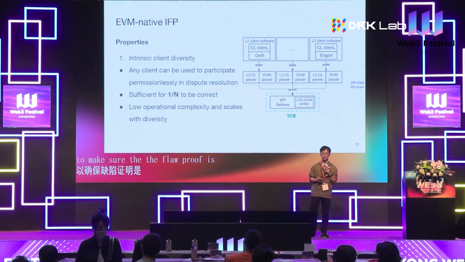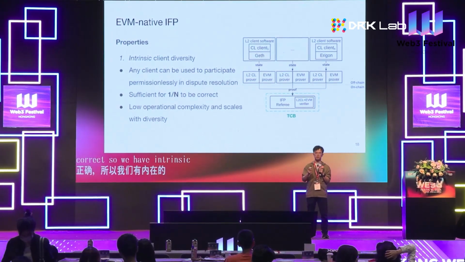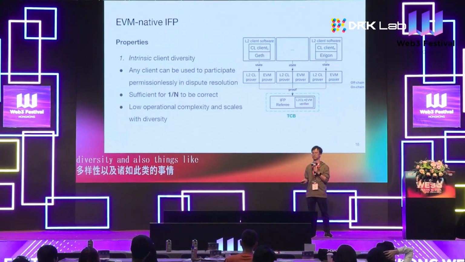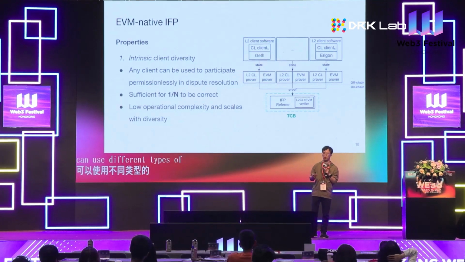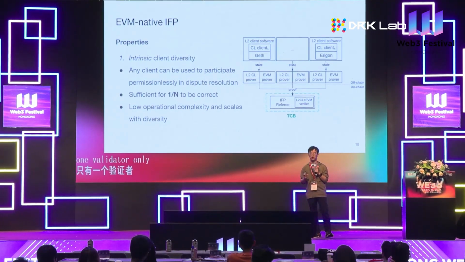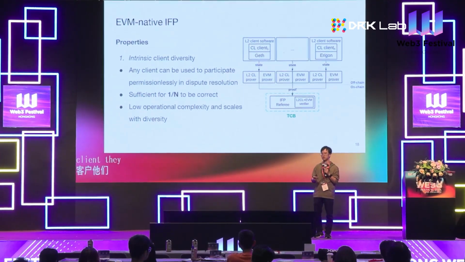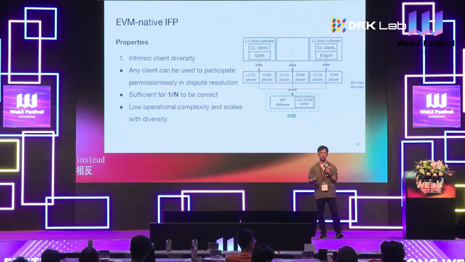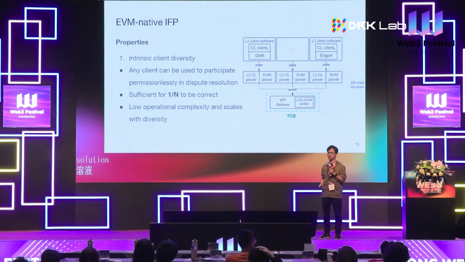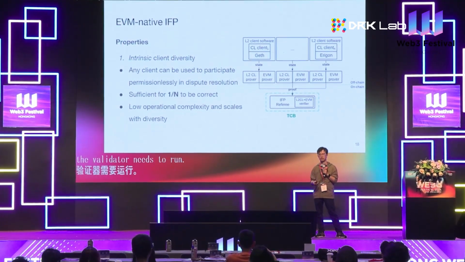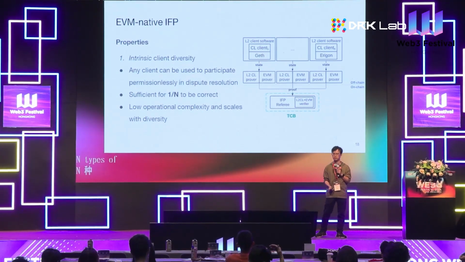So we have intrinsic client diversity. And since we can use different types of clients to dispute with each other, a validator only needs to run the client they trust to participate in the challenge game to secure the optimistic rollup, instead of, like the previous solution, running n types of clients to make sure the rollup is secure.